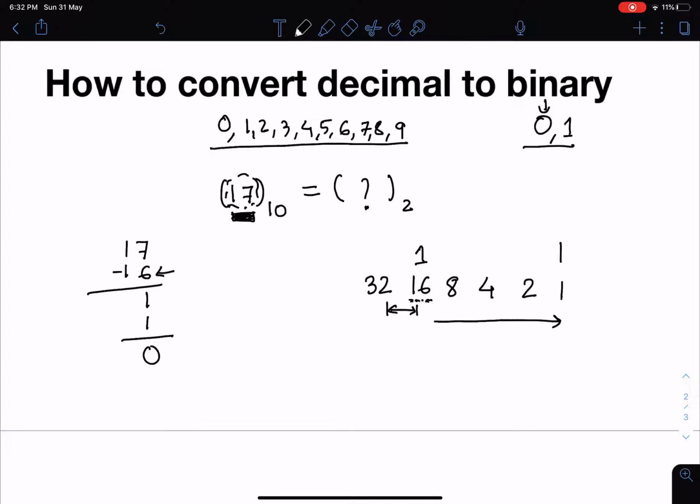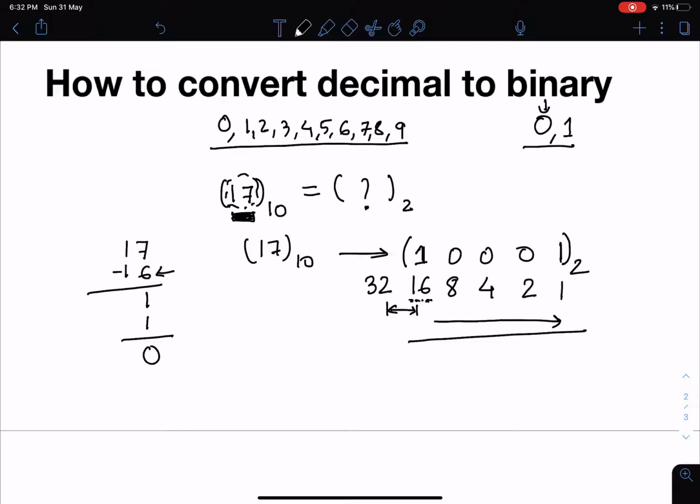Now come to this section. From this starting 1 to this ending 1, in between there are some numbers which we didn't use. Now put 0 on top of them. Once it's done, what we got is the binary formation of our given number 17.